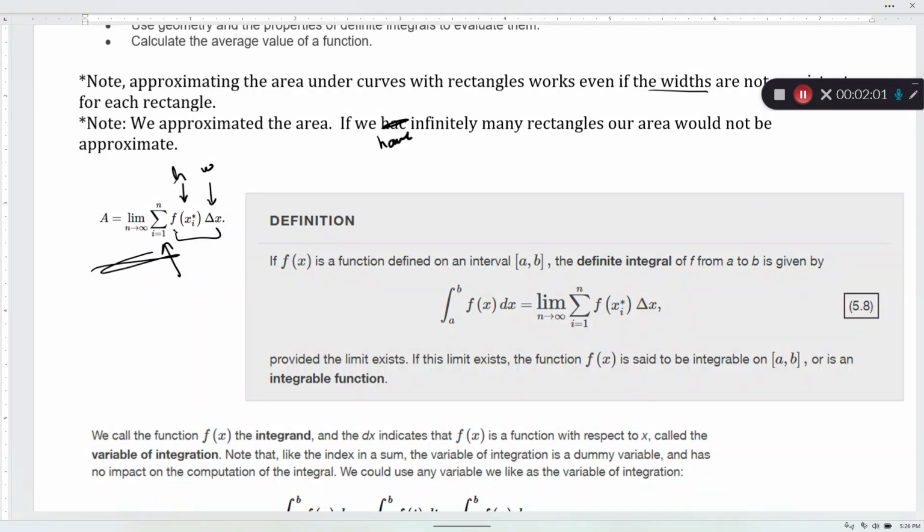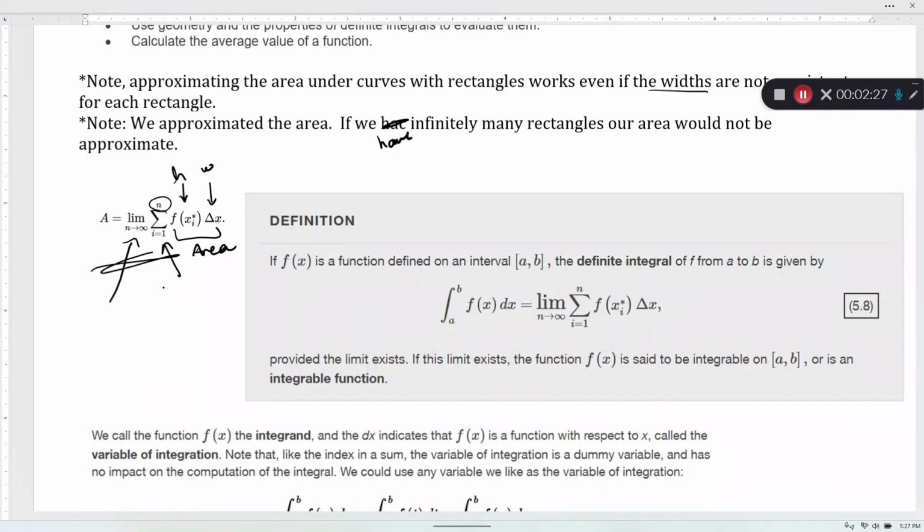This is the area, and we're adding them all up. How many? Well, we're taking n going to infinity. So we are taking infinitely many rectangles. So it's kind of like picking apart what we're working with there.